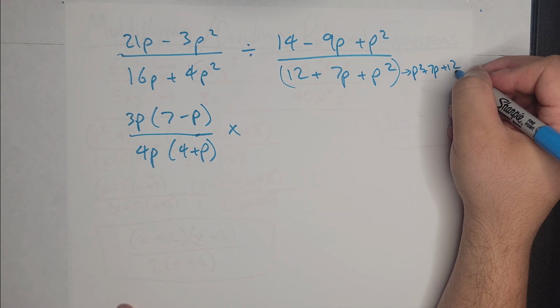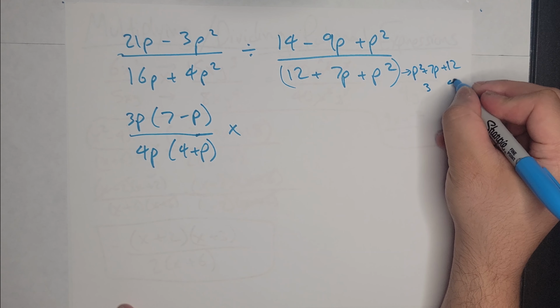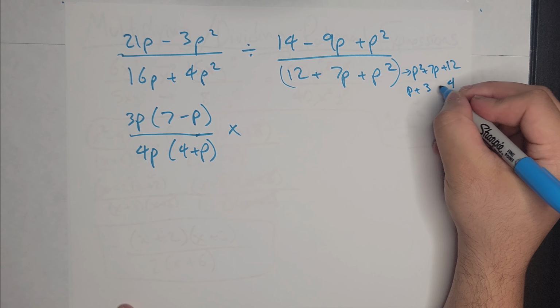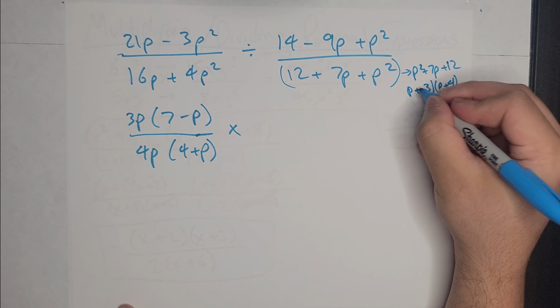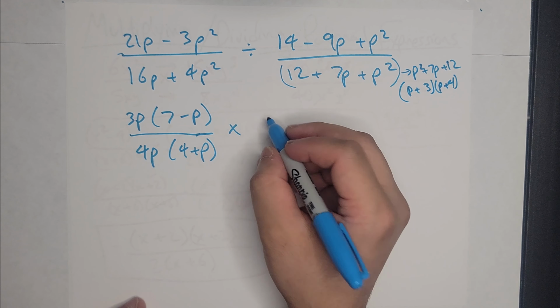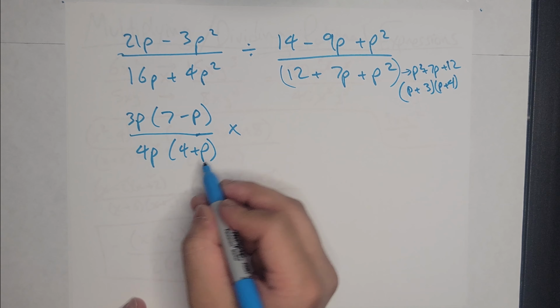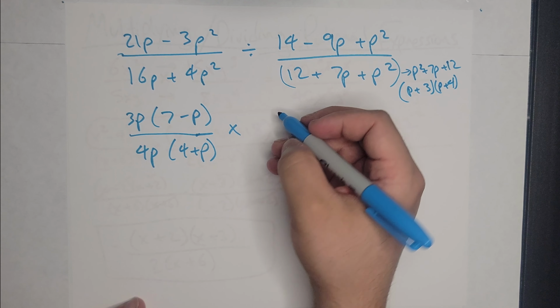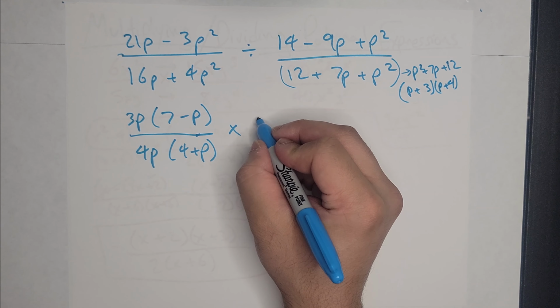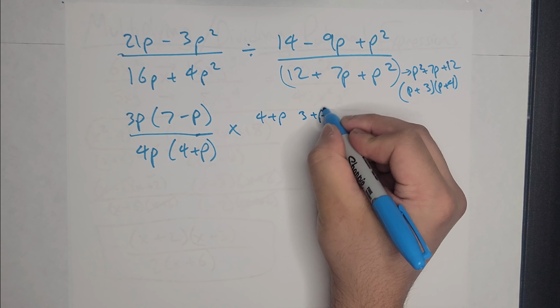So two numbers that multiply to 12 and add up to 7, that's 3 and 4. So I can write that out. Let's just write it out like that, see what happens. 4 plus p, 3 plus p.